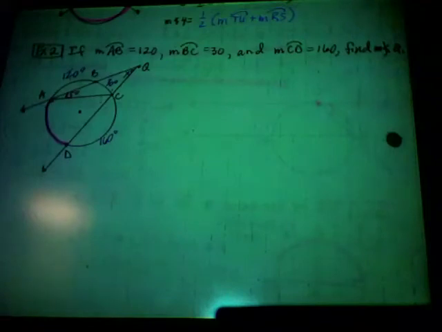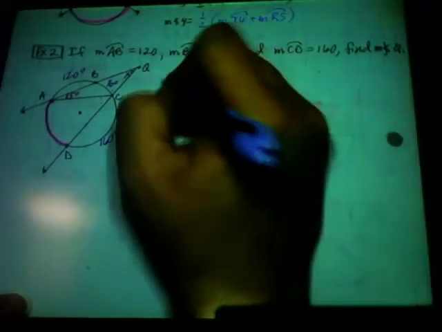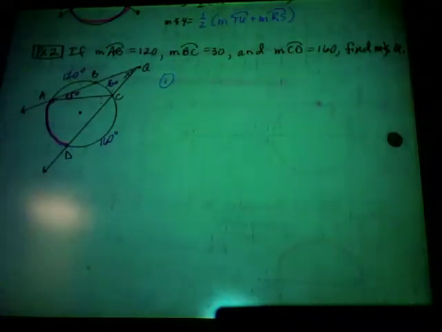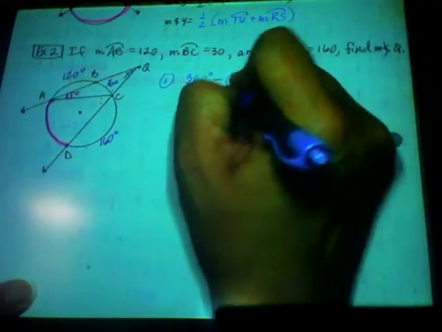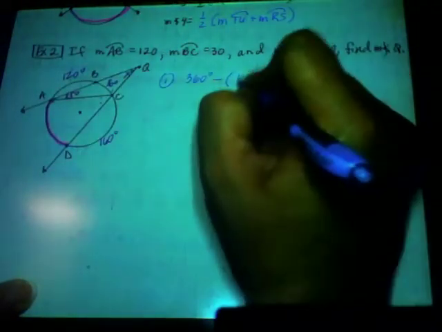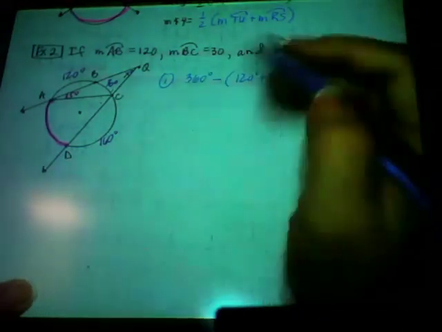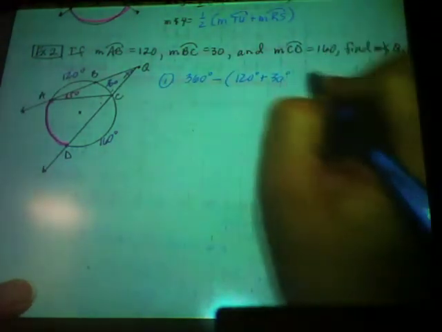How do I find that missing arc? Okay, so we're going to take 360 degrees and subtract from that the sum of 120 plus 30 plus 160.